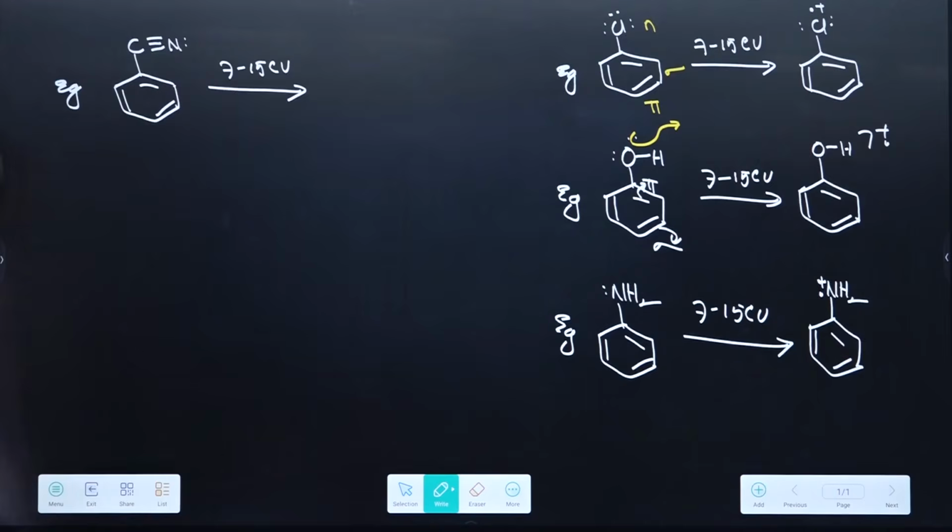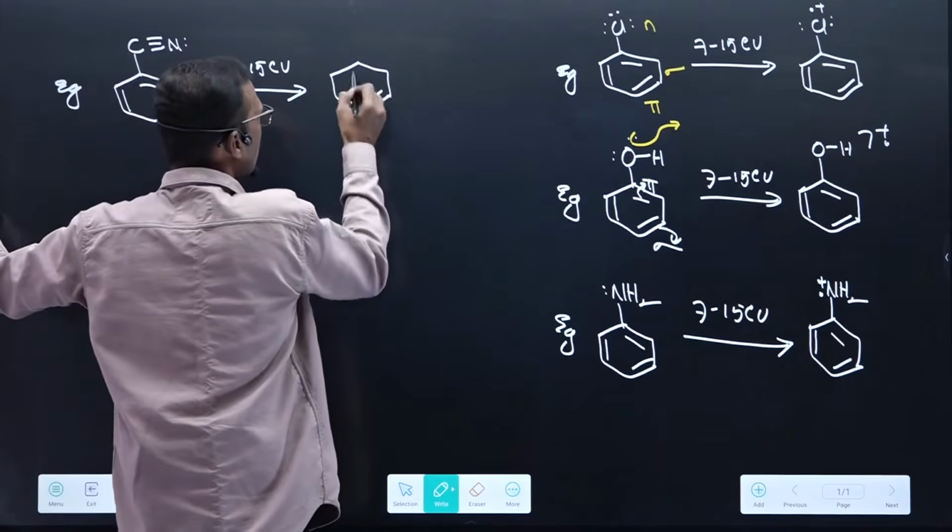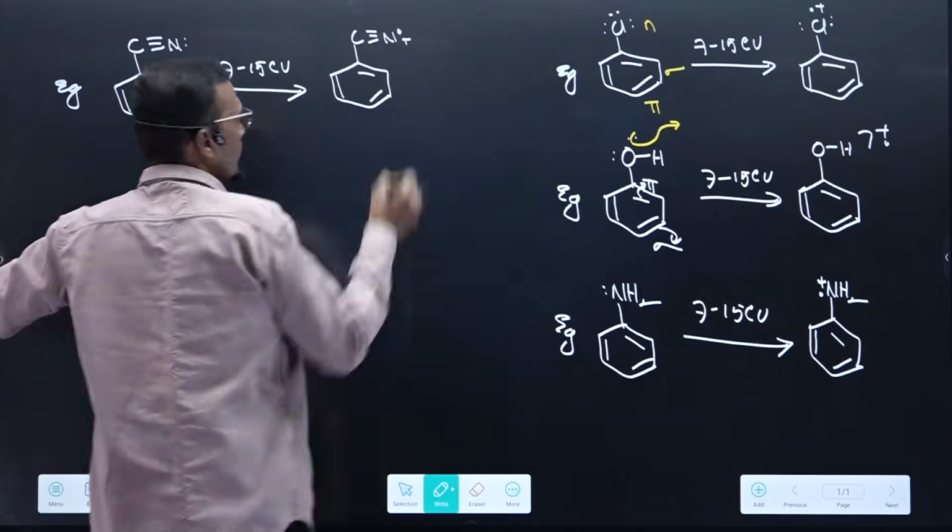From nitrogen, because nitrogen has one lone pair. A nitrogen radical cation like this, right?